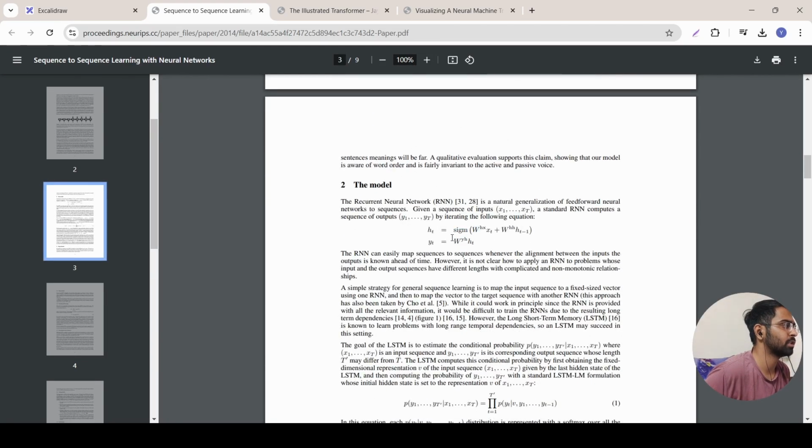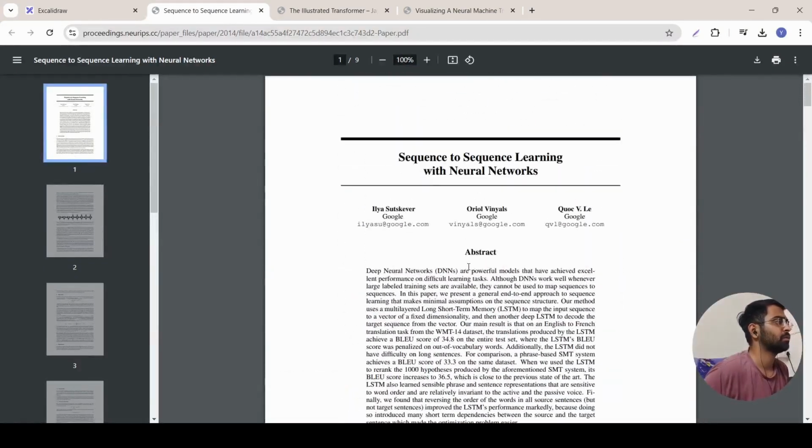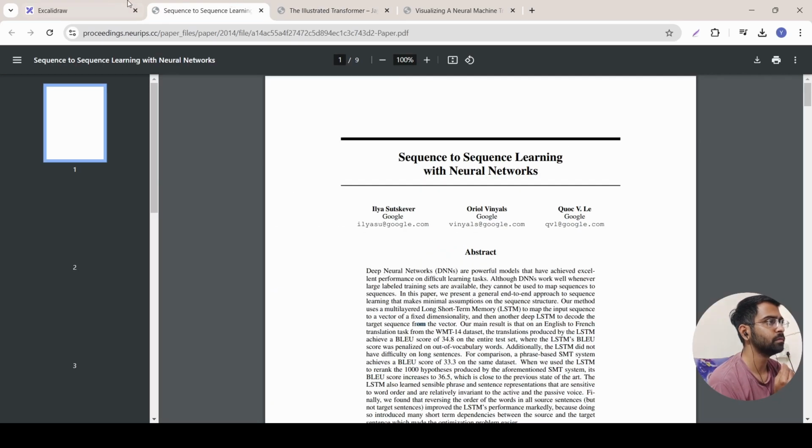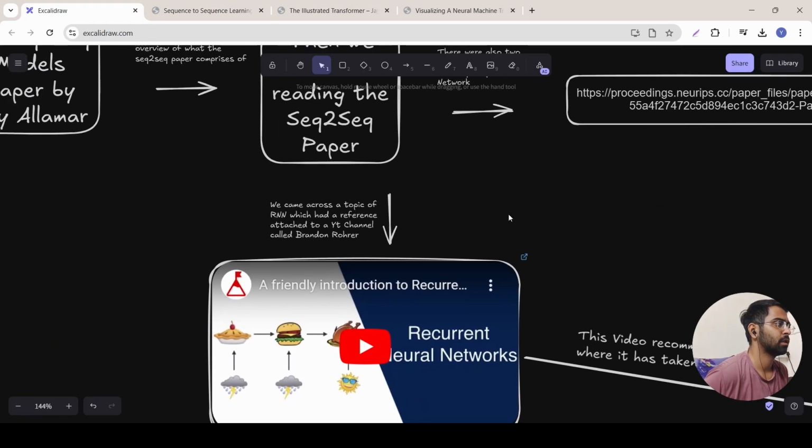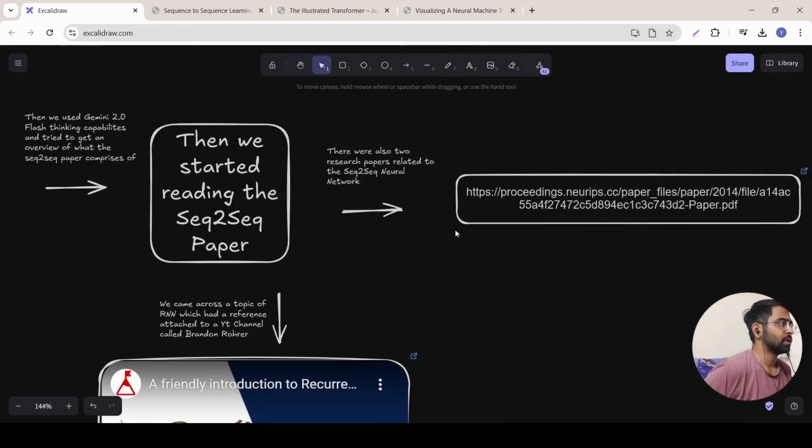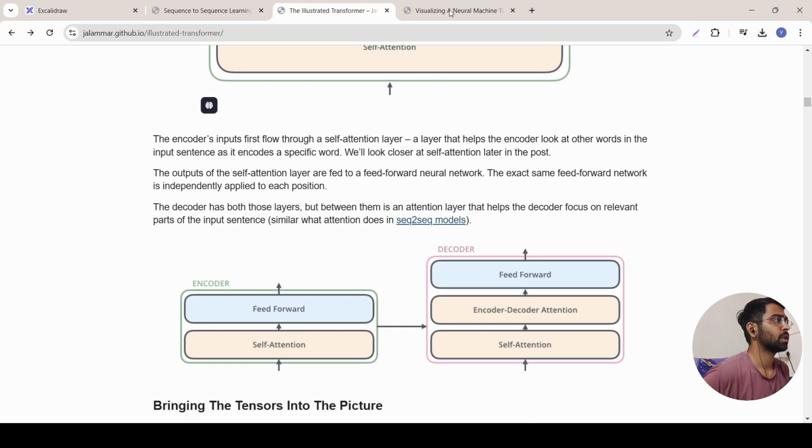This is hopefully the sigmoid function that we are thinking of. No need to worry about that. We'll dive deep into this. I don't think we have to dive deeper into this research paper because, anyway, we are not going to understand it.